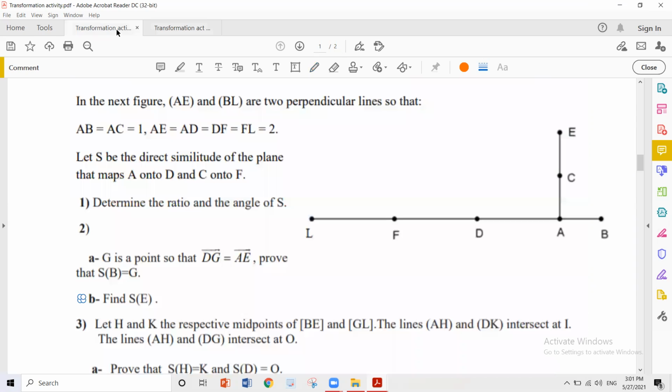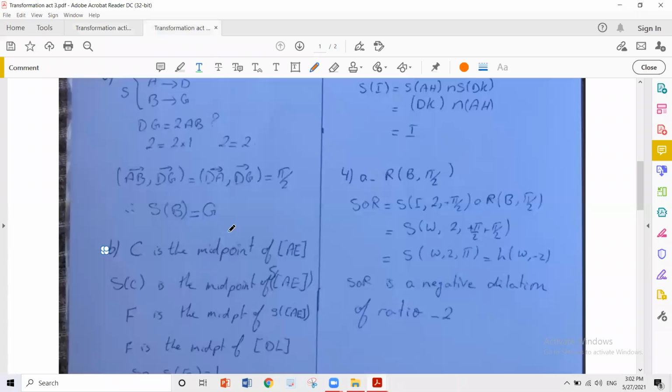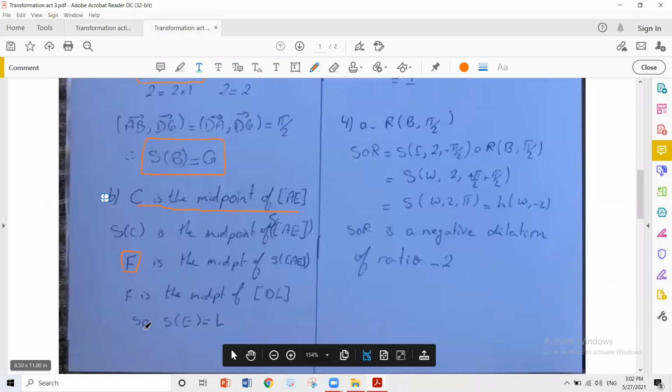F is the midpoint of what in the figure? DL. F is the midpoint of DL.